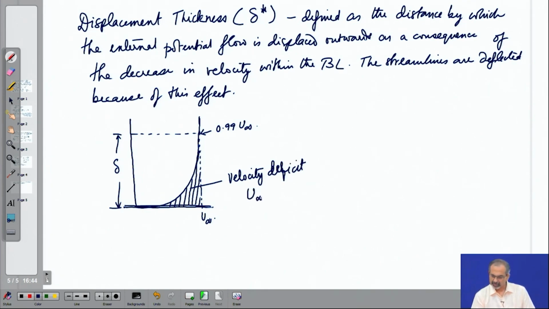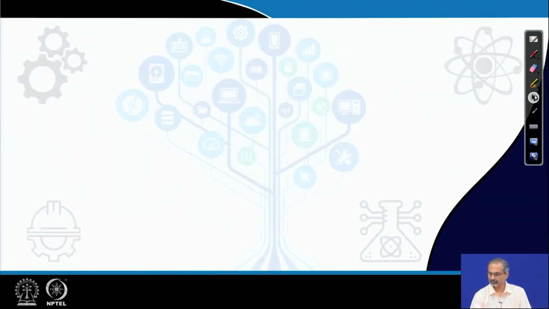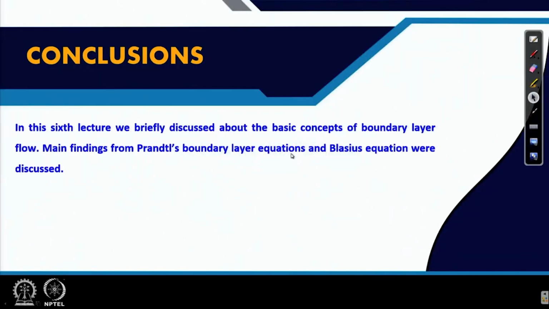So, in this region, u infinity minus u is greater than 0. We will take up the remaining part of the displacement thickness in the upcoming lecture.